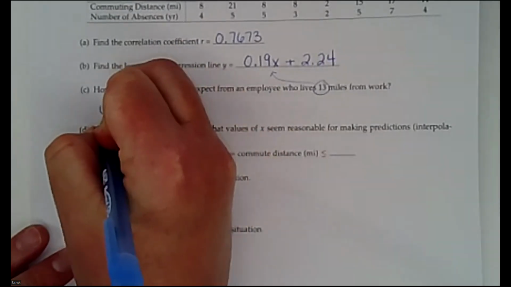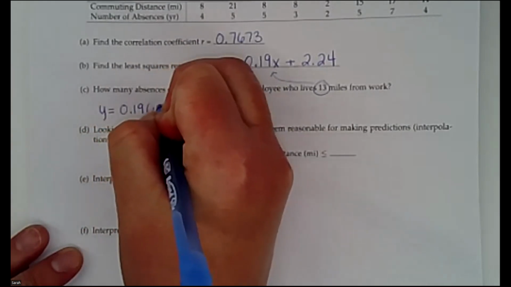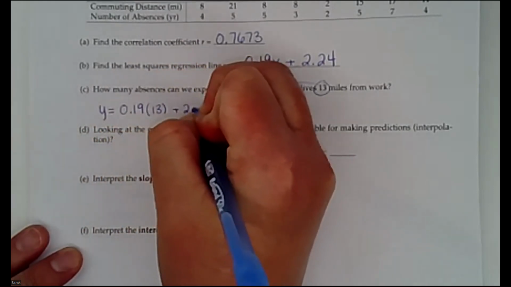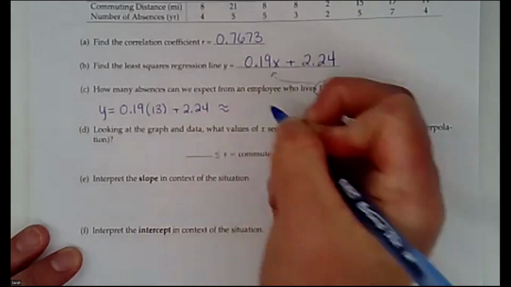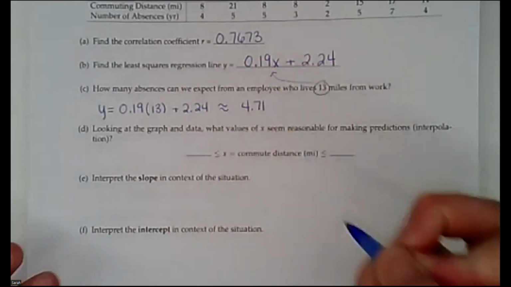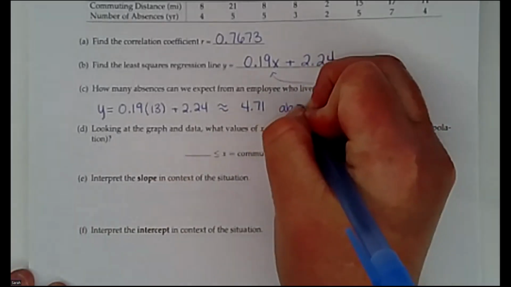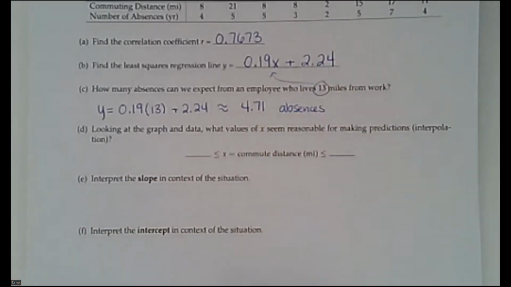So I'll get y is equal to 0.19 times 13 plus 2.24. And when I crunch that in the calculator, I get about 4.71, so almost 5 absences if I were to round up to a whole number. So I'm going to leave it as 4.71, but in our heads, we're thinking that probably means they're going to be gone about 5 times.